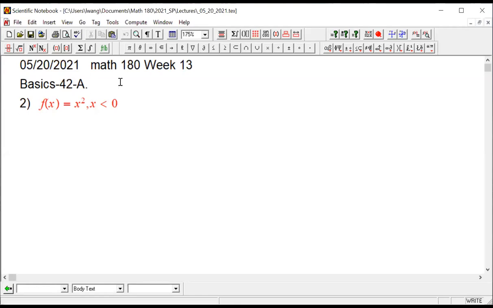So find the inverse. Now, how do we find the inverse? The general step of finding the inverse is that we have y equals x squared, and then we swap x and y. Remember seeing this?